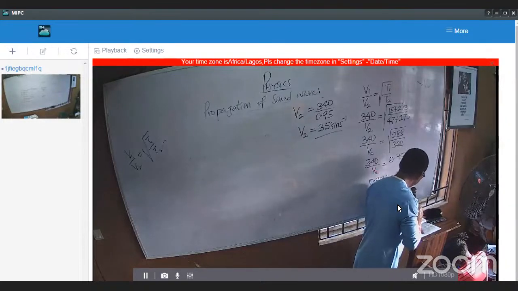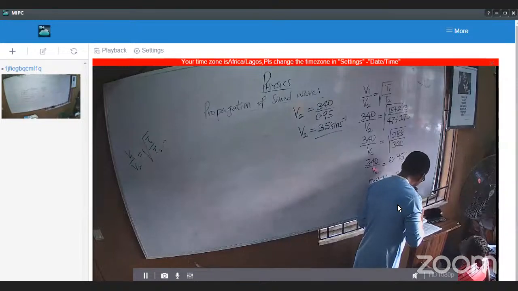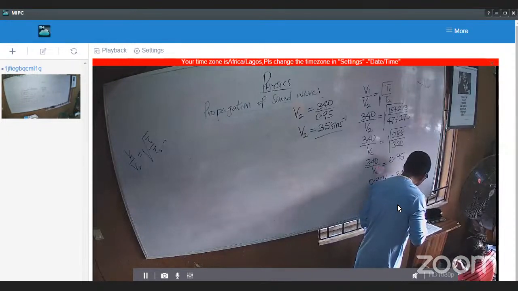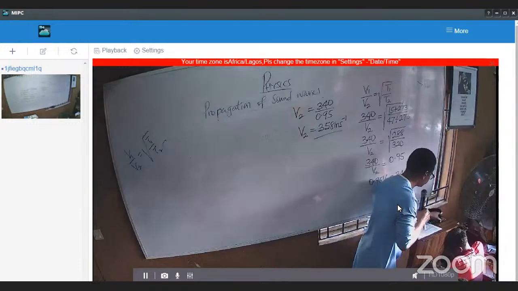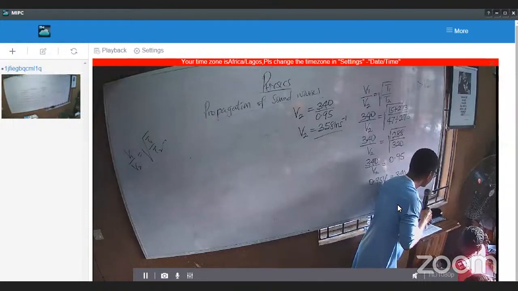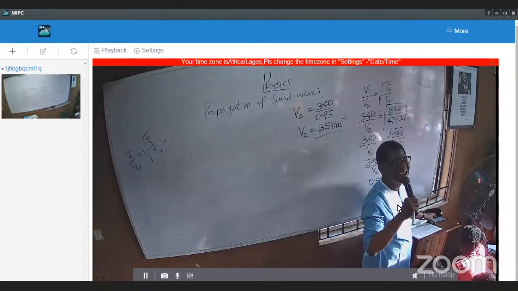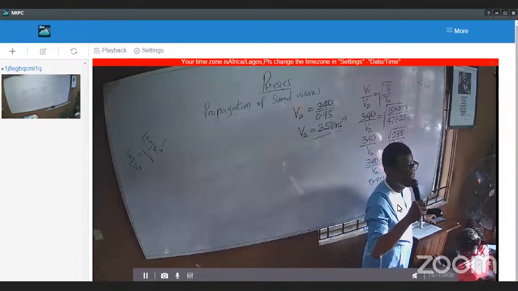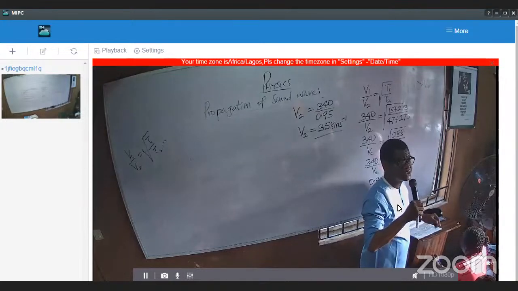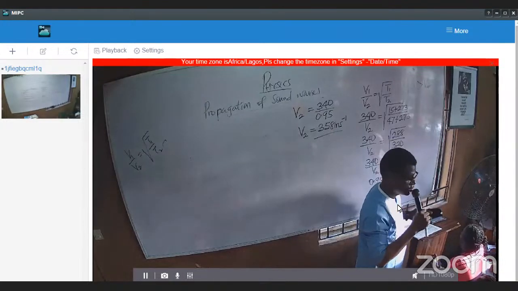Pick one answer. You have 5 seconds. Have you got your answer? What's the answer, class? D. Speed of sound in them is very high because sound travels fastest in solids.